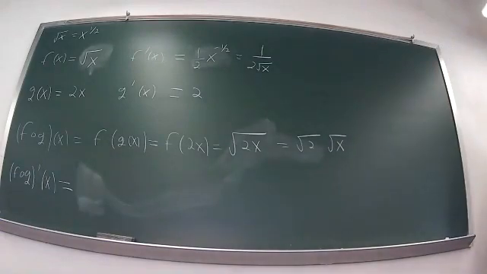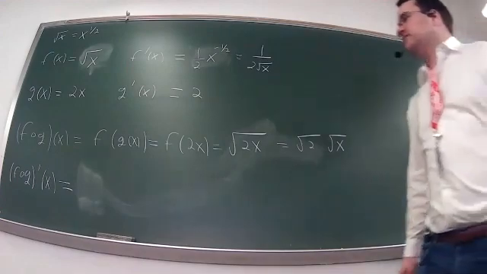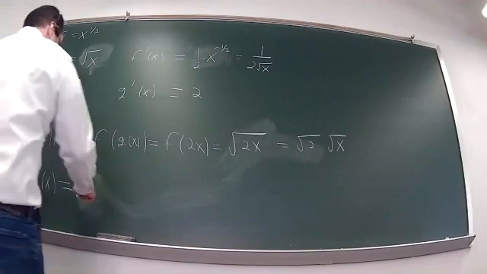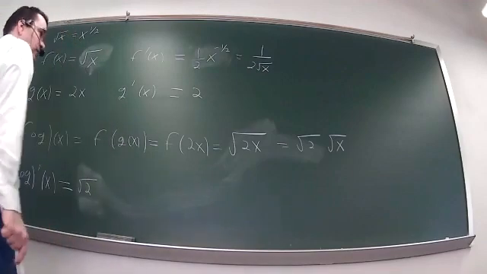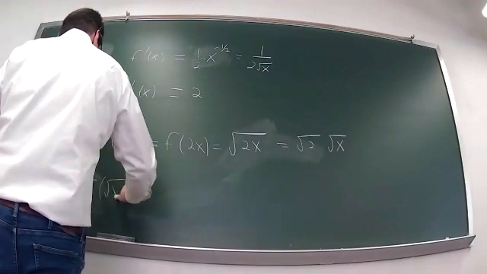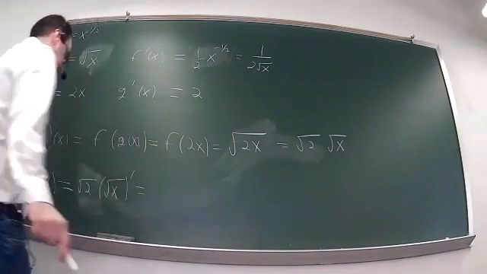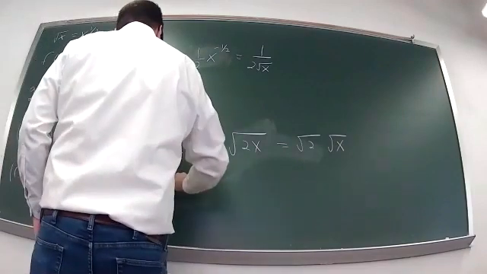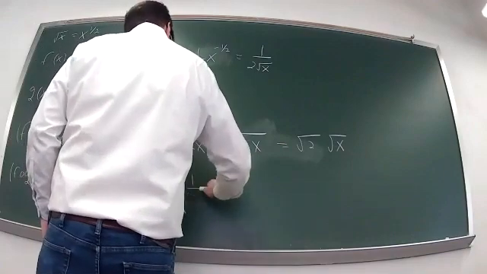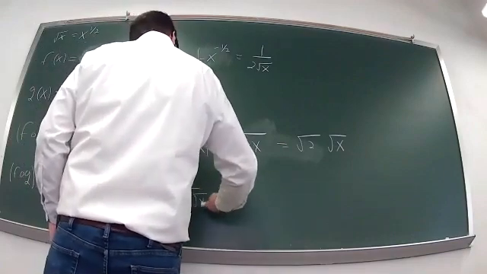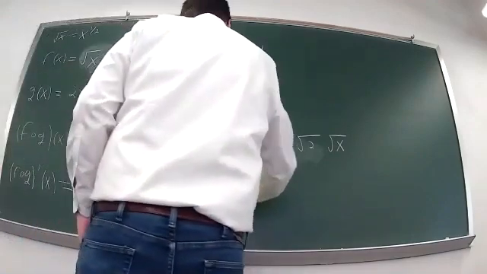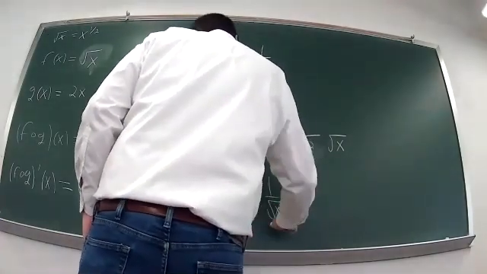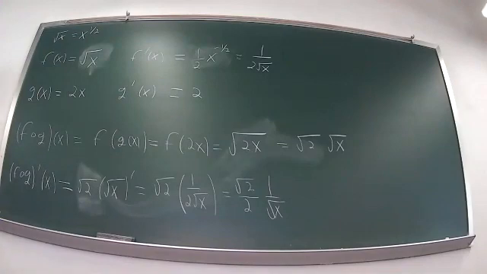And so the derivative of the composition, the derivative of square root of 2 times square root of x, is now going to be the square root of 2 times the derivative of the square root of x, which we've already calculated. So this is now going to be the square root of 2 times 1 over 2 times root x. So this is going to be root 2 over 2 times 1 over root x.